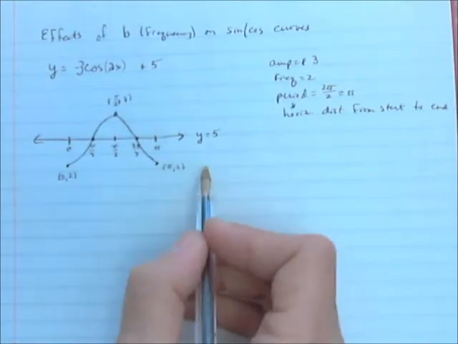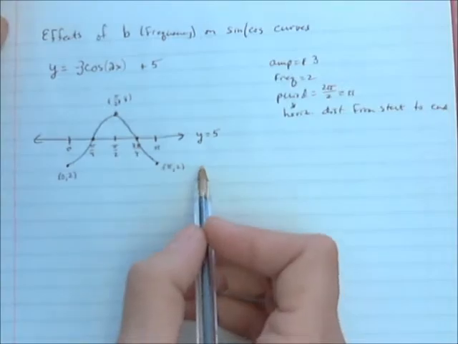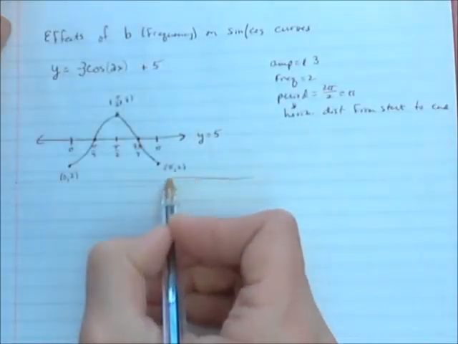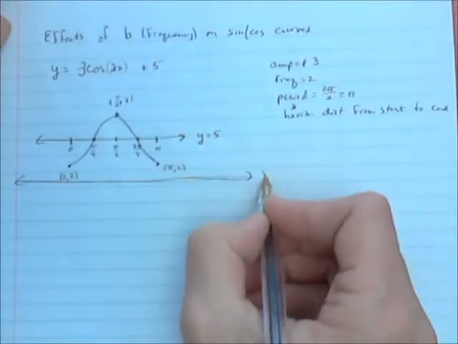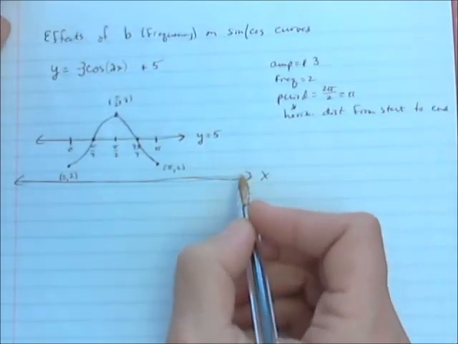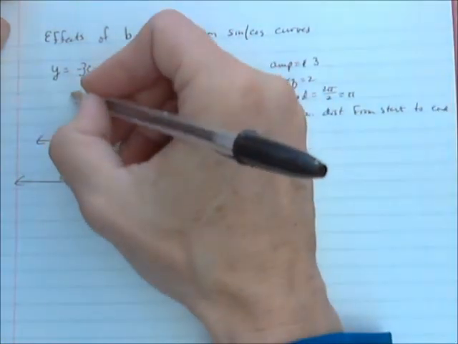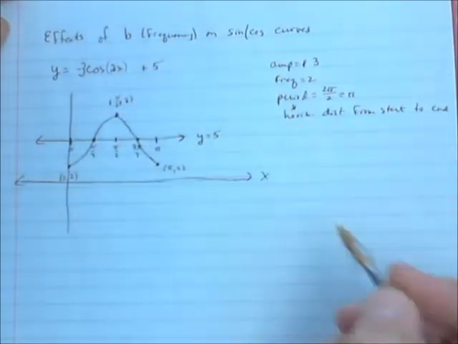And since those y values are still above the x-axis, they're positive, what we could do is draw an x-axis in here, make it a little longer than the y equals 5 line. So here is our x-axis, and our y-axis is right here where x equals 0, so we could draw our y-axis in here if we wanted to.